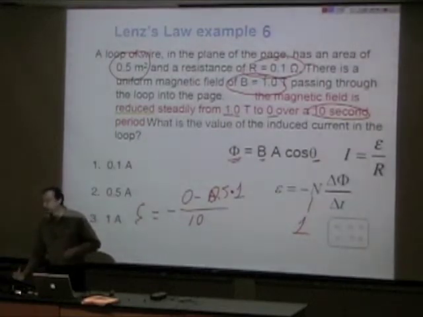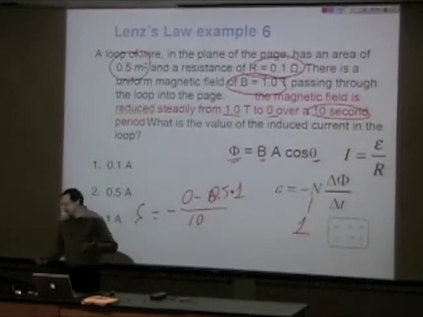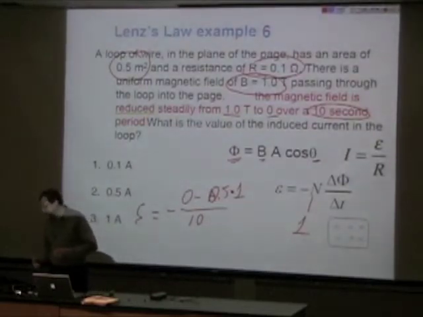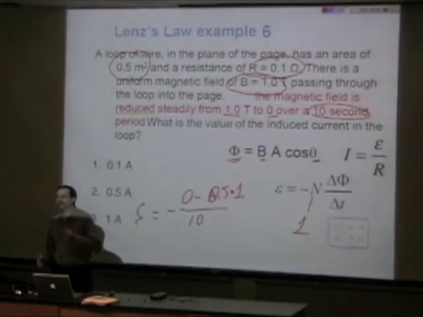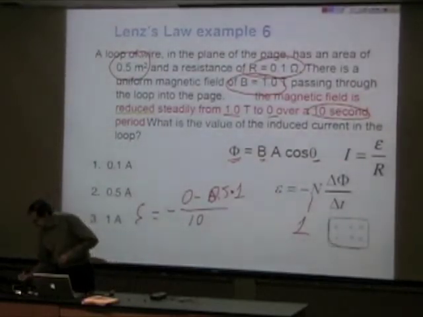If this angle equals 90, cosine of 90 equals what? 0. So we would have 0 minus 0, it would be 0. We don't have a choice like that. So probably it's not 90, because we have to measure these angles between the field and the normal to the loop.